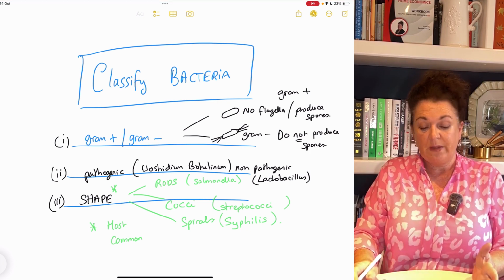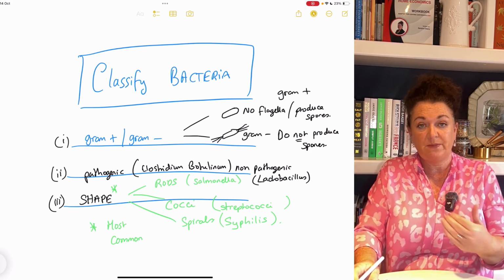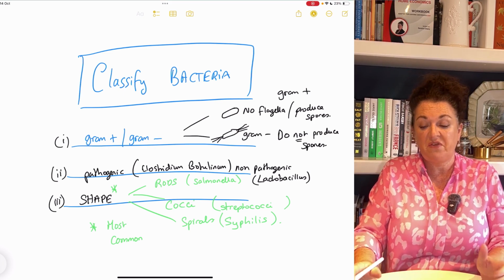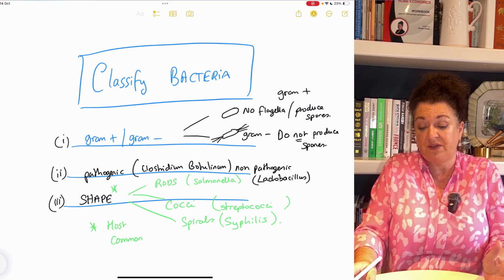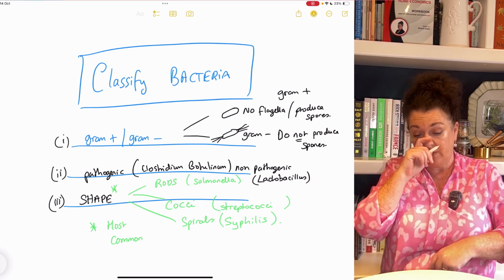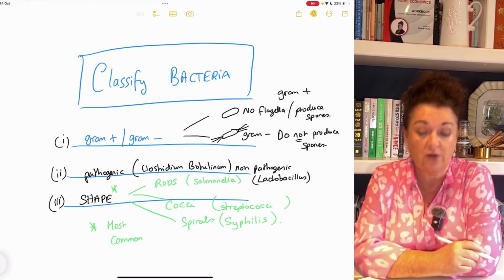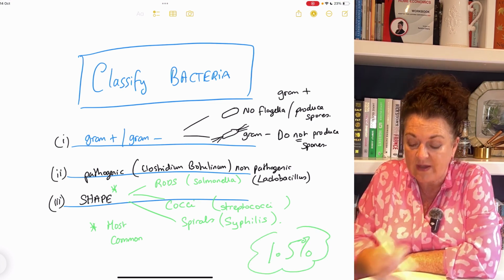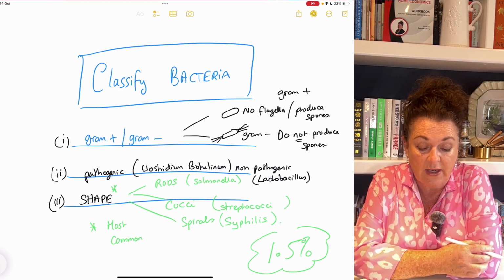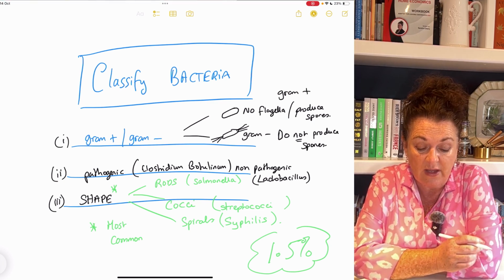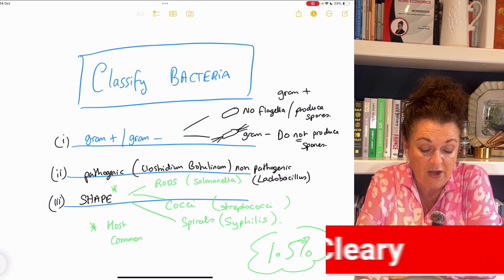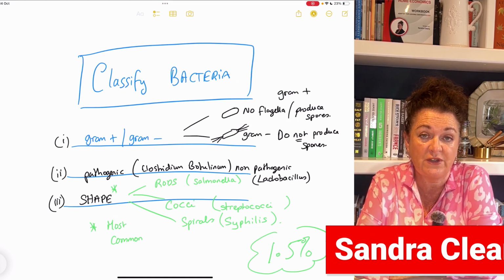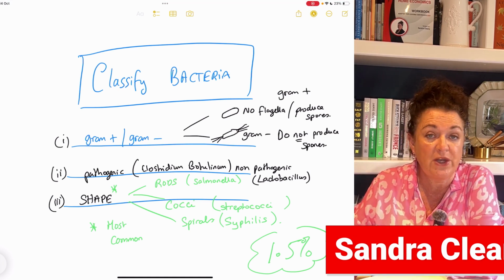Now, some people are going to look at that and say, I've lost my mind. The way I'm looking at that is, I want the perfect paper. I want to show the examiner that I absolutely know my work and I deserve 1.5% for that answer. I'm also demonstrating that I have a knowledge beyond what the average student has, where they might just talk about the shape.